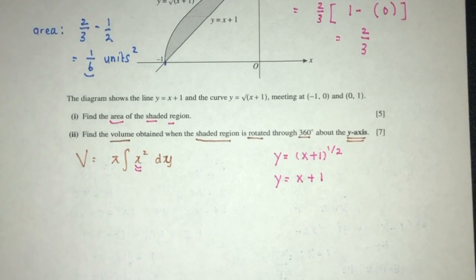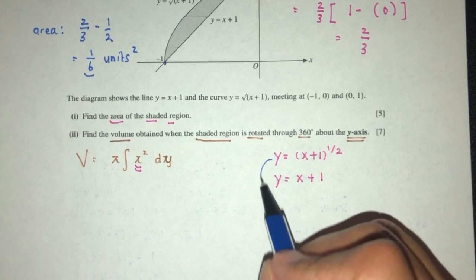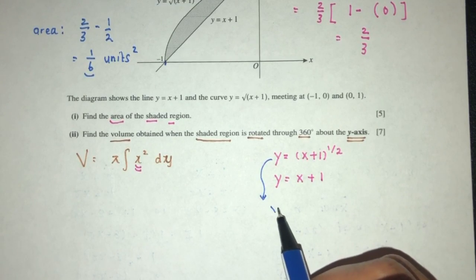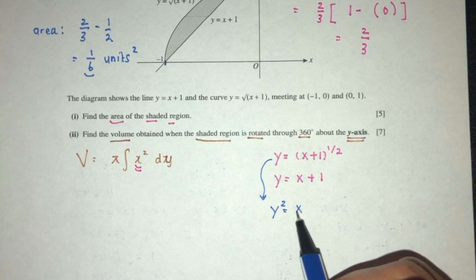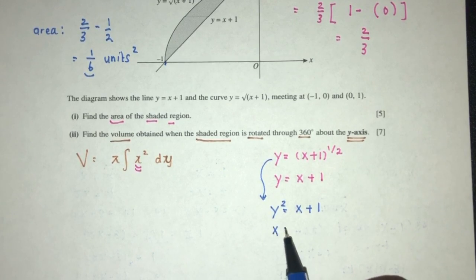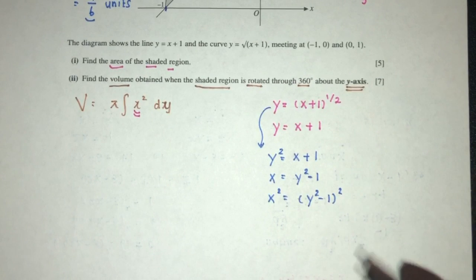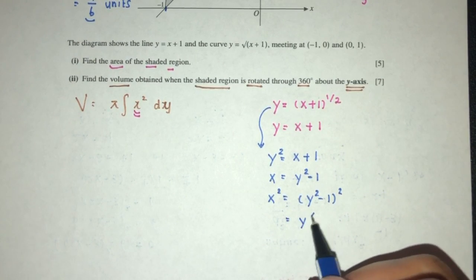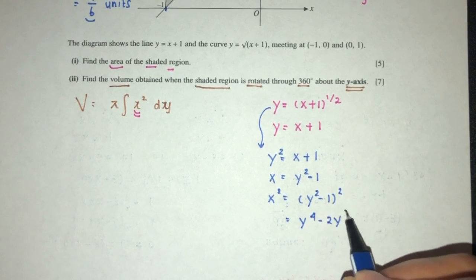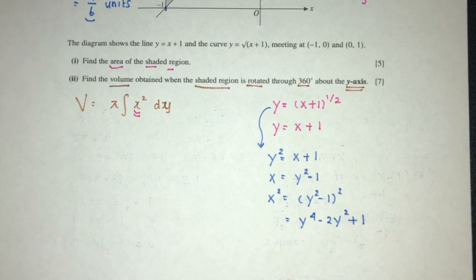Let's make x the subject first. Square both sides. That will be y squared equals x plus 1. So x will be y squared minus 1. x squared will be (y squared minus 1) squared. If you want to simplify, that will become y to the power 4 minus 2y squared plus 1. That is for my curve, right?